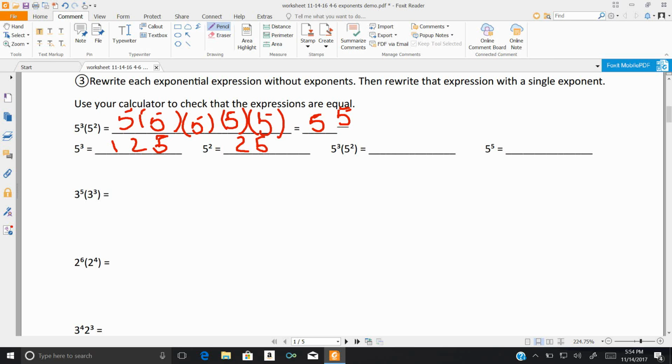So then we do 5 to the third power times 5 squared, or 125 times 25, which gives us 3,125. And if we go to our calculator and actually do 5 to the 5th power, it's going to tell us that is 3,125.